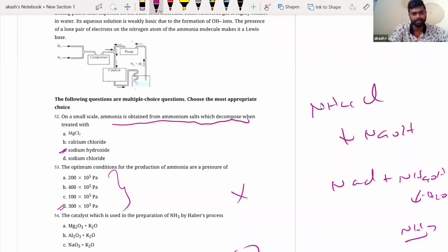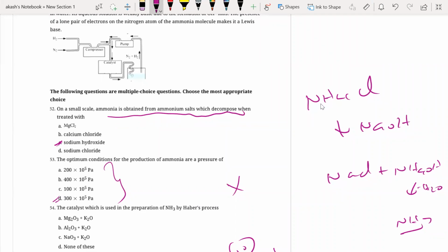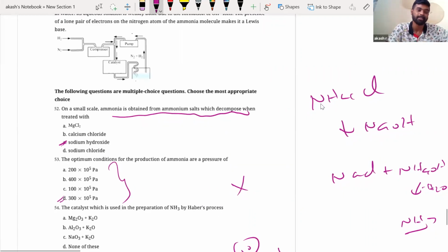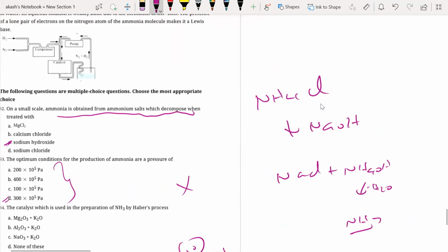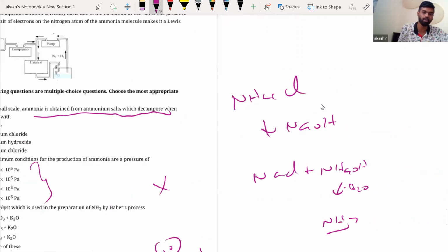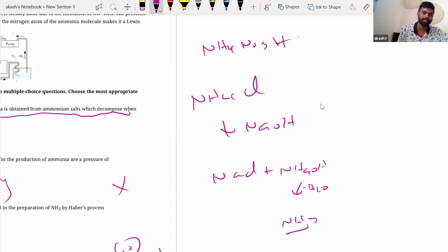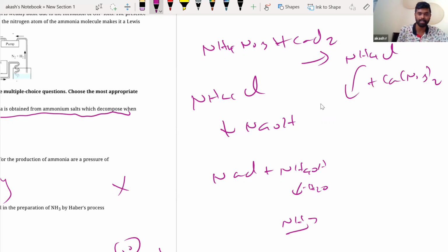Sir, but in the textbook it is calcium chloride. Calcium chloride? How calcium chloride? Say NH4NO3 plus calcium chloride will give me NH4Cl plus Ca(NO3)2. How from this will I get ammonia? I'm not sure, please check this.